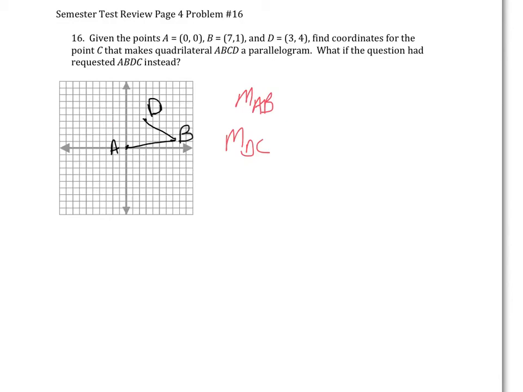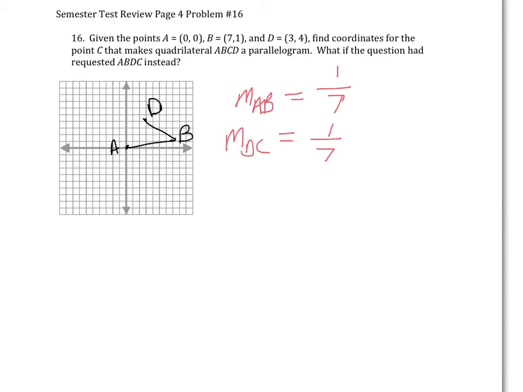So I'm going to take a look at what is the slope of AB. Well, we calculated this on the last problem. We said that the rise was 1 and the run was 7. I went up 1 over 7. So I need DC to also go up 1 over 7. And in this case, we need to think about reversing that slope to some extent, because we are going to go to the left instead of to the right.